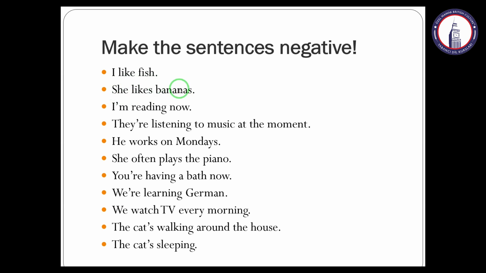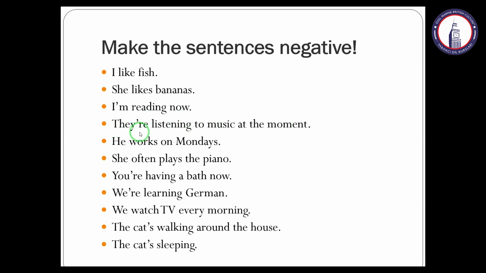But for present continuous, there is no change. We just add a not. I am not. They aren't, or they are not listening to music at the moment, because at the moment shows that this is a present continuous, ing shows this is a present continuous, are with ing show they are present continuous sentences.